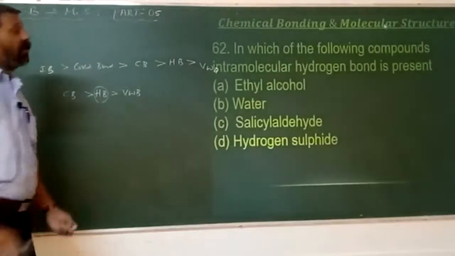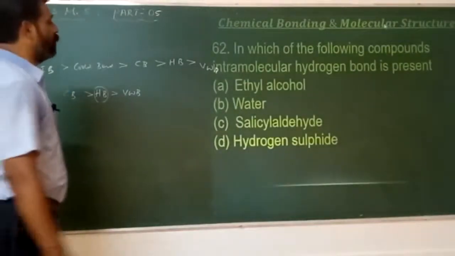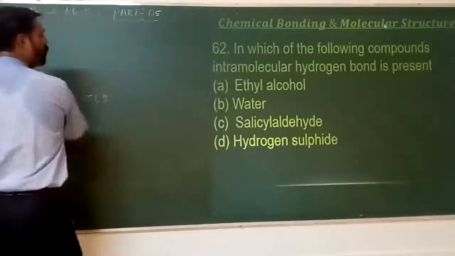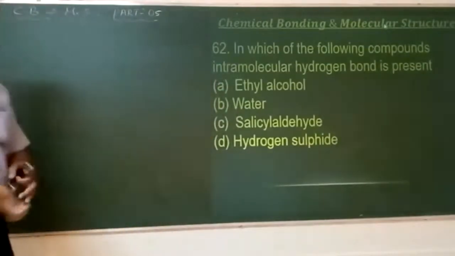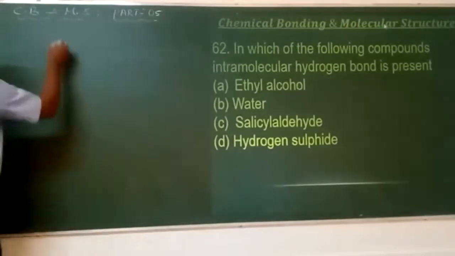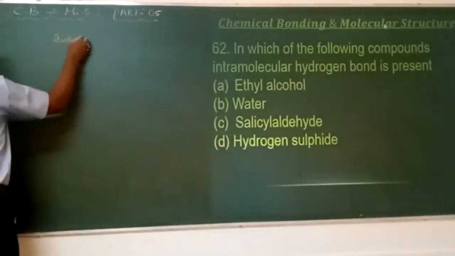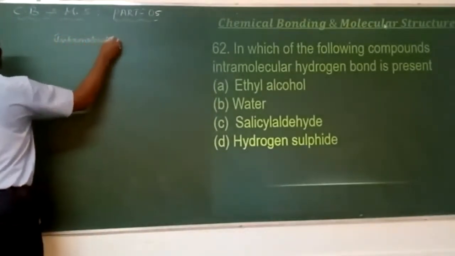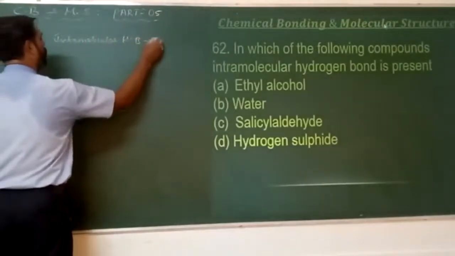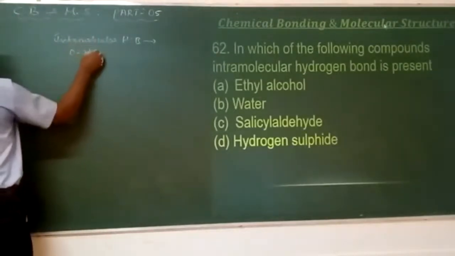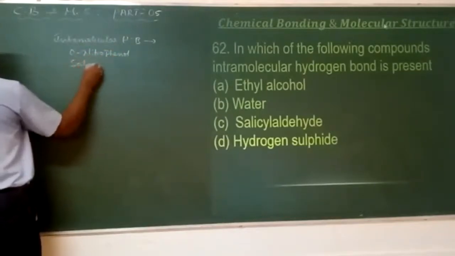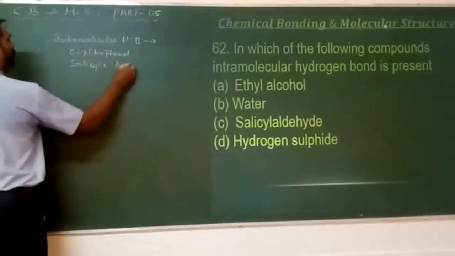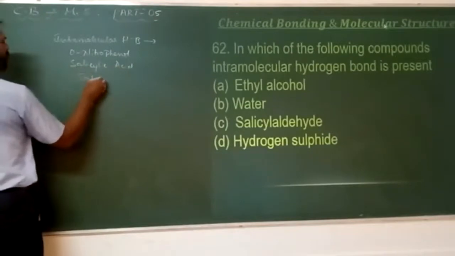Next, in which of the following compounds is intramolecular hydrogen bonding present? Intra means within. The best examples for intramolecular are orthonitrophenol, salicylic acid, salicyl aldehyde.